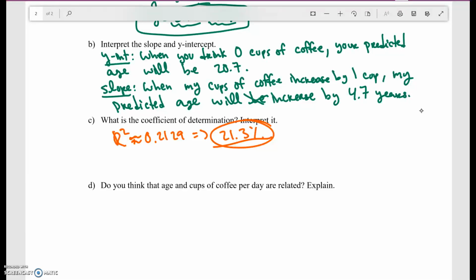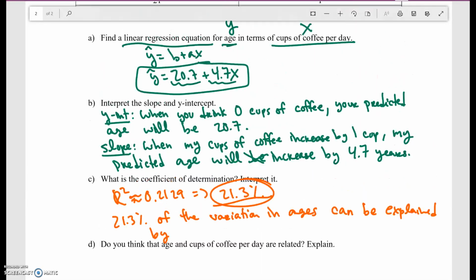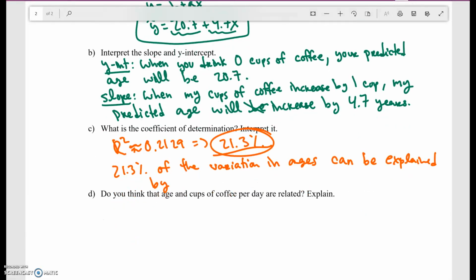You can say 21.3% of the variation in y, which is ages, can be explained by x, which in this case is the number of cups of coffee.